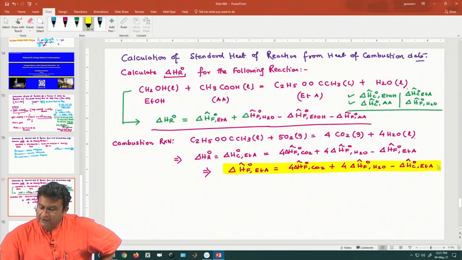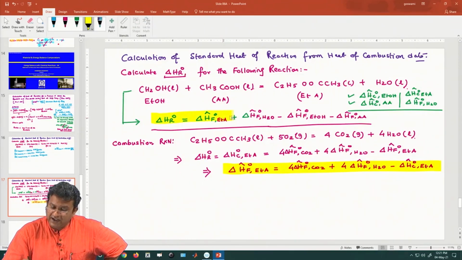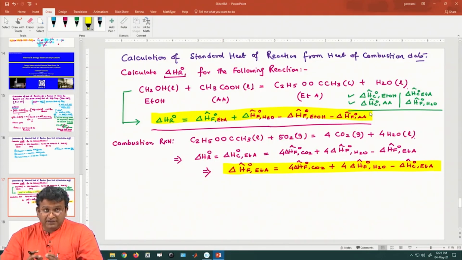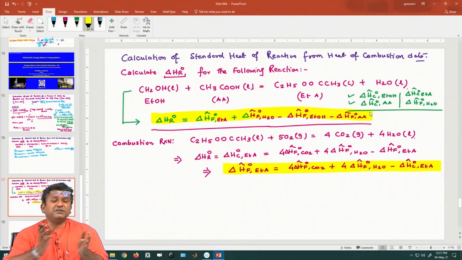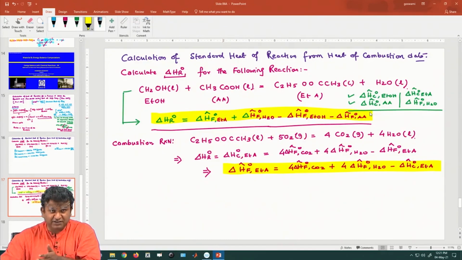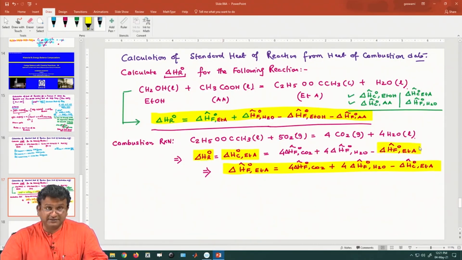So, what are we doing? In order to calculate the heat of reaction, we have to use this expression. So, we are looking at the combustion reactions. Essentially the heat of combustion is nothing but the heat of reaction, and this heat of combustion involves the heat of formation of ethyl acetate.